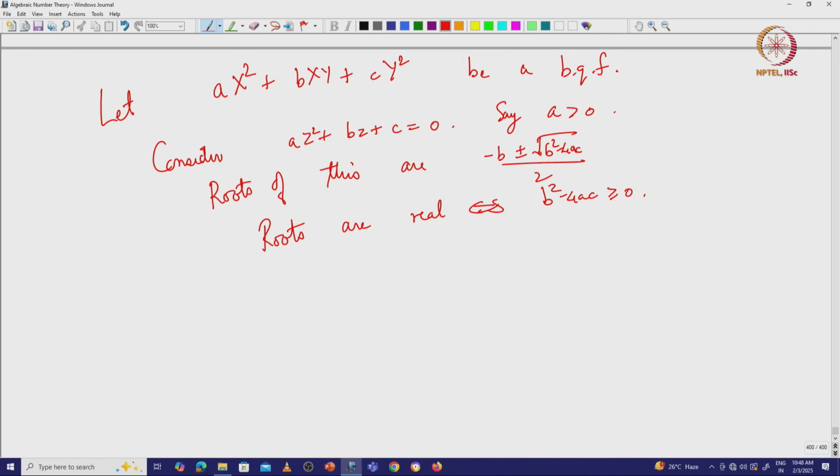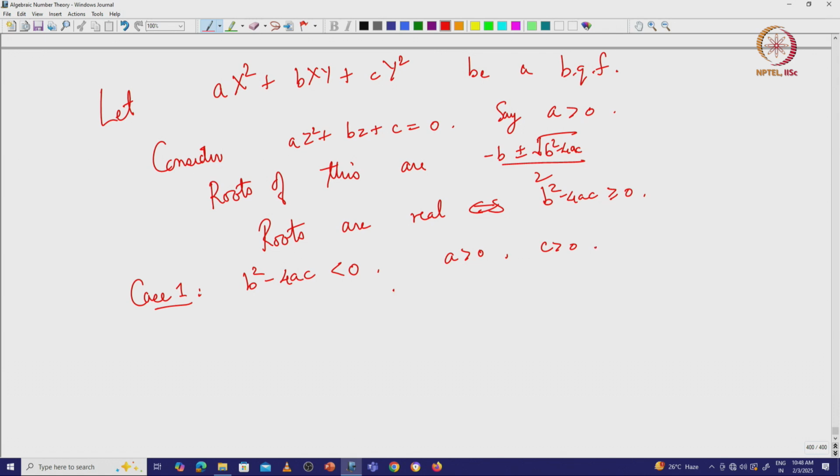So, what happens if the roots are not real? Case 1 is b squared minus 4ac less than 0, and a is bigger than 0, so c is bigger than 0.